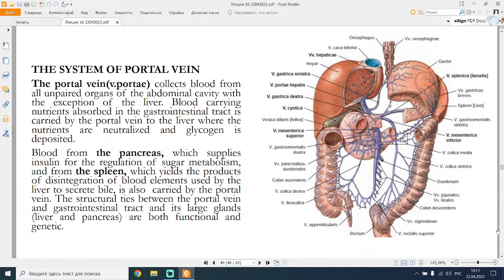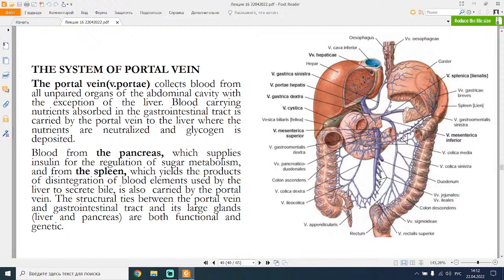Blood carrying nutrients absorbed in the gastrointestinal tract is carried by the portal vein to the liver, where the nutrients are neutralized and glycogen is deposited.